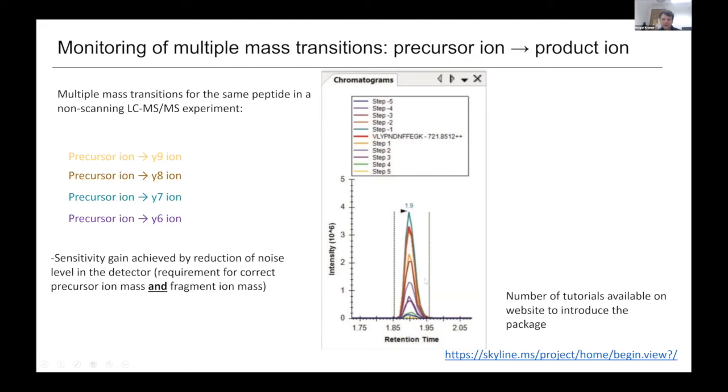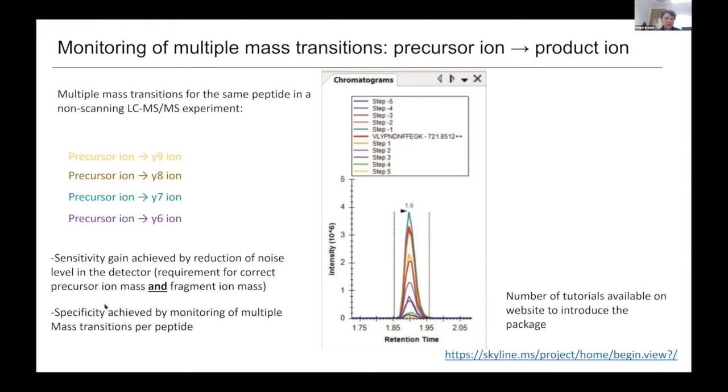By monitoring this, we're able to achieve a gain in sensitivity, because in this targeted proteomics approach we're not trying to scan the mass spectrometer for any peptides that are present, but the mass spectrometer only spends time on acquisition of these mass transitions. So it basically has a very blinkered view of only looking at what we're interested in, what we already put into the experiment as the peptides that we want to quantify across a set of samples.